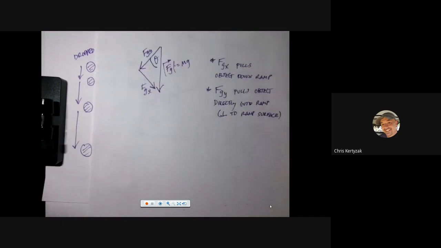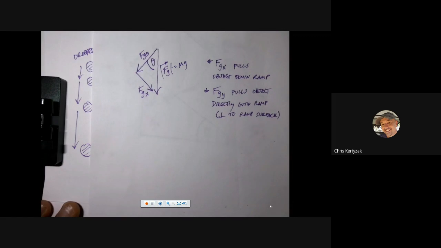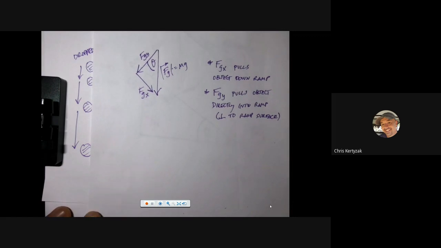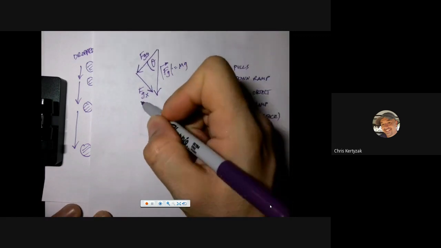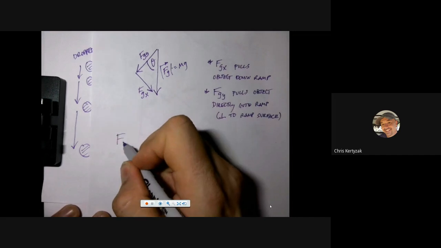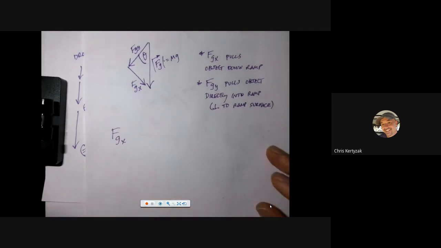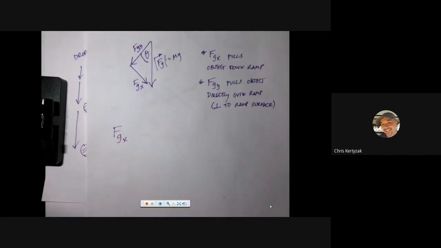Okay, that's what they effectively do. One presses it or pulls it directly into the ramp. The other actually pulls it down the ramp. How would we figure out how much that force is? What amount of force is that? Well, we get to use a little trig, right? Because we want to model FGX and FGY using some math and some trigonometry.